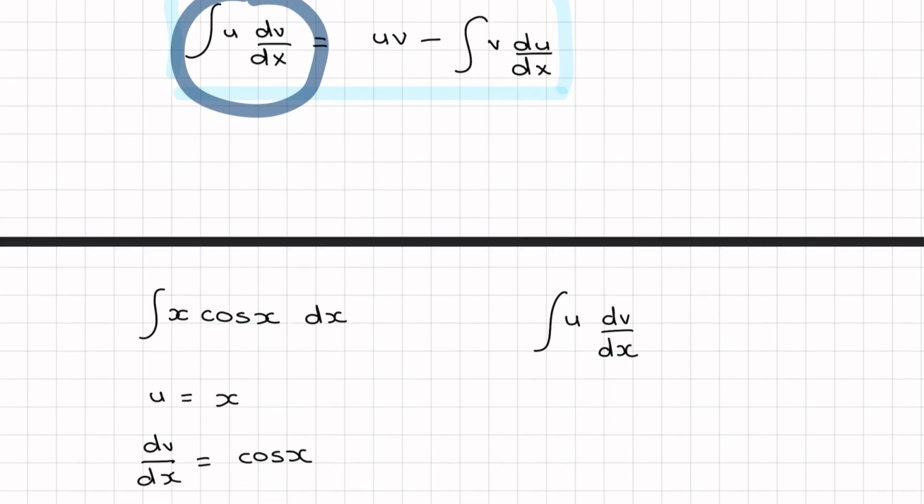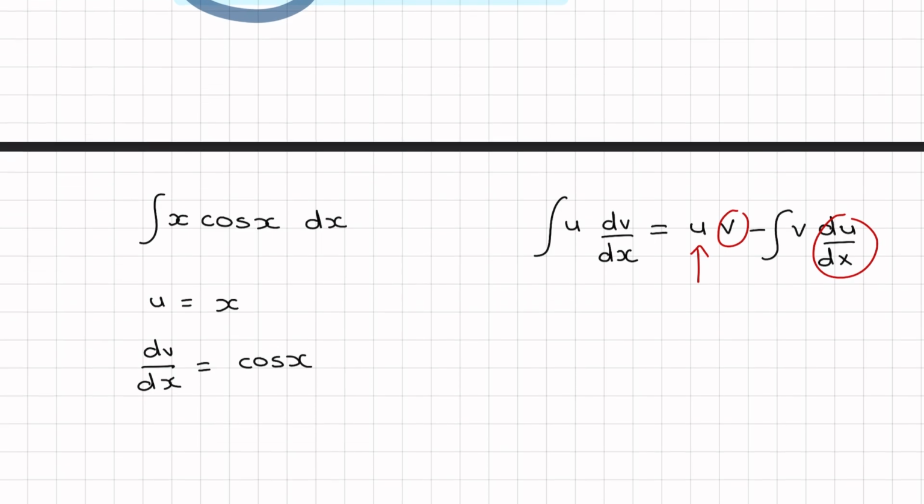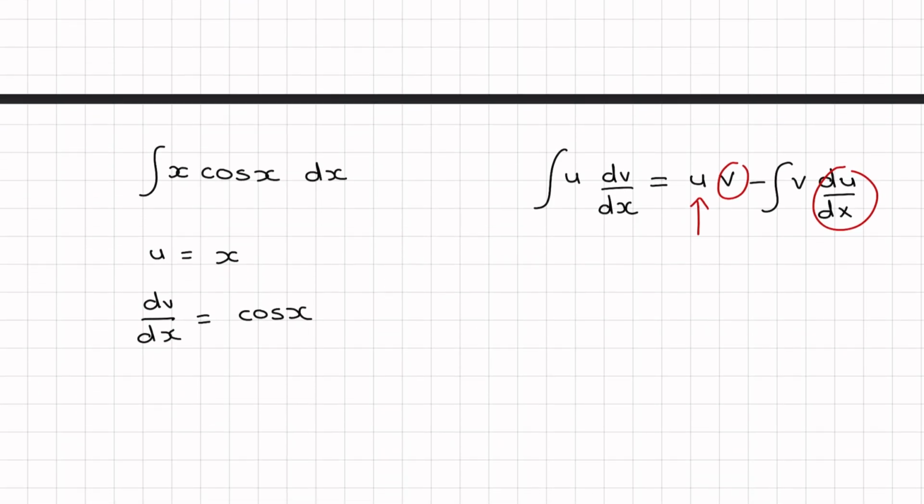Now if you look at our formula, the right-hand side has u, v, and du by dx. We already have u, we've just picked that to be x, but we don't have v and we don't have du by dx, so I'm going to evaluate those.